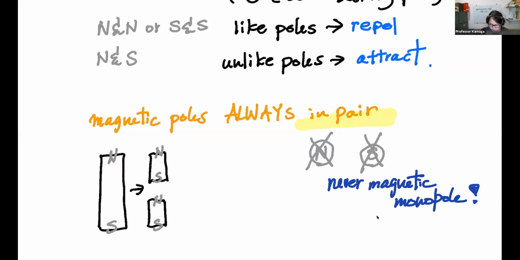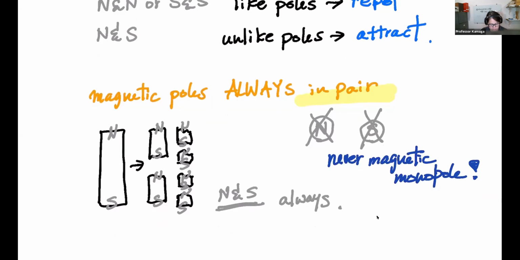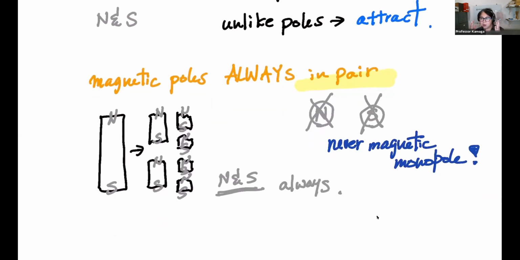If I cut it even smaller and smaller, no matter how small I cut it, it always comes as a pair. Always. You're never going to find one just by itself. So that's very different from electric charge.